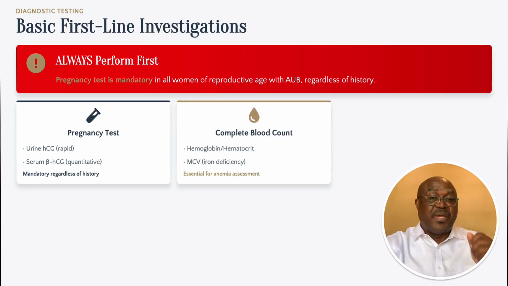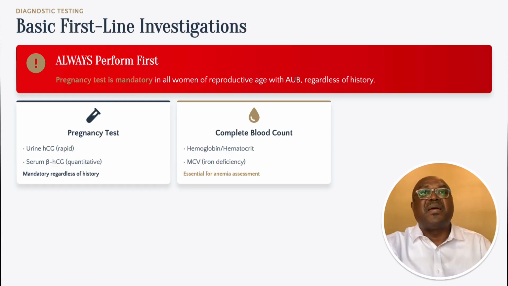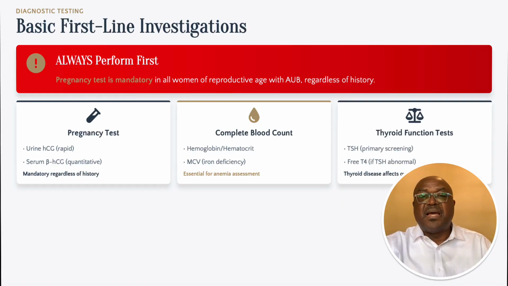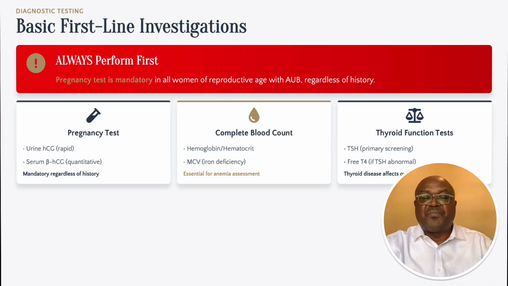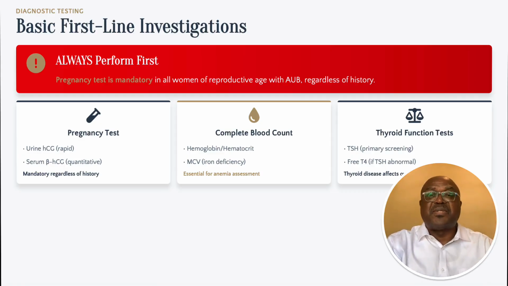Also do a complete blood count to check hemoglobin, hematocrit, and MCV, essential for anemia assessment. And do thyroid tests: TSH for primary screening, and T4 if the TSH is abnormal. Thyroid disease affects ovulation, as we said earlier.